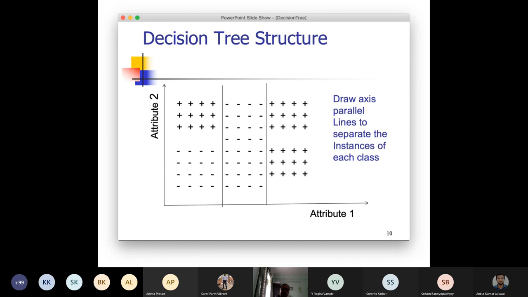So you get another axis parallel line here, and with respect to this line there is a right side and a left side, but you should also consider your region, because when you are moving to this region, the space is already partitioned.